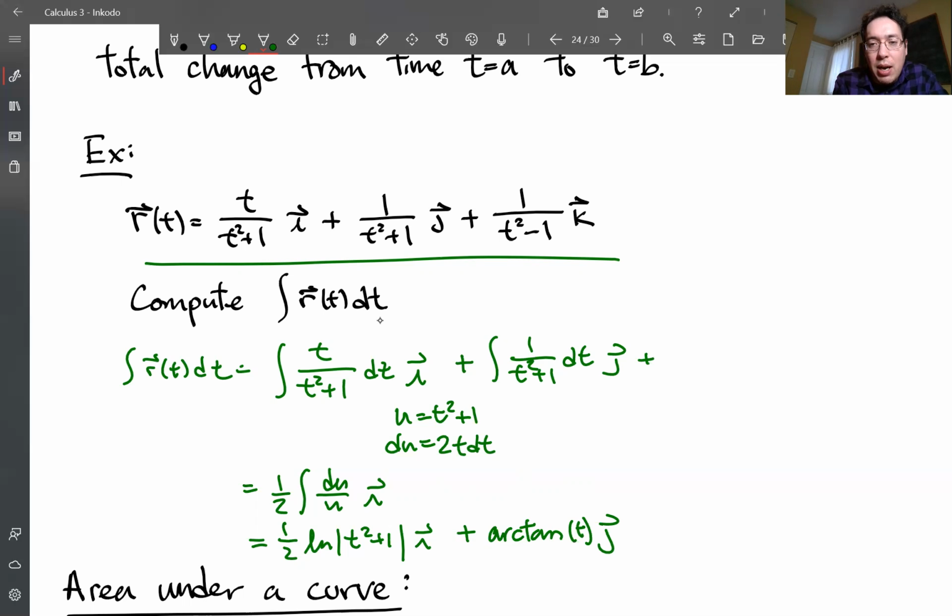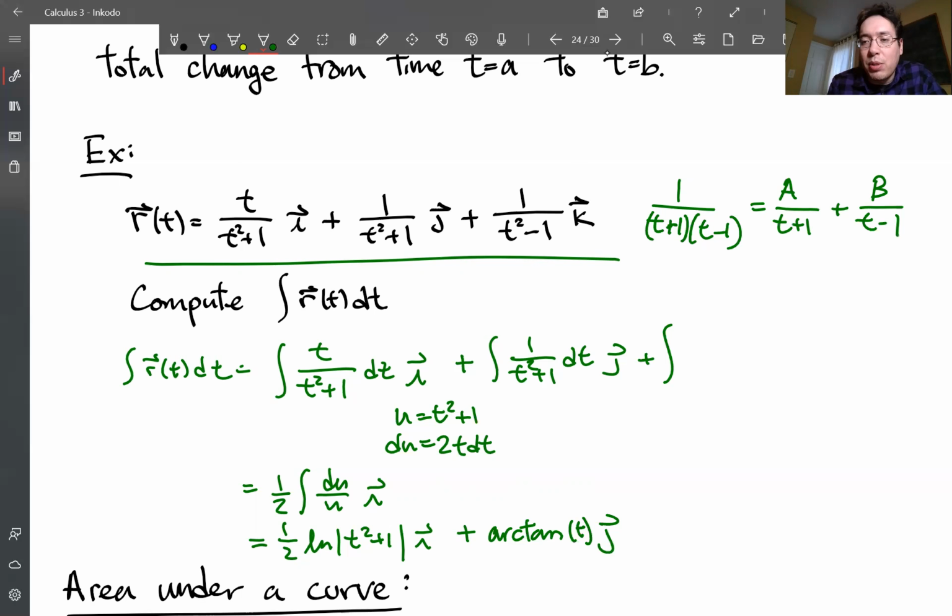Okay. For the final integral, it's easier to do it with partial fractions. So t squared minus 1 happens to be t plus 1 times t minus 1. So partial fraction is probably the easiest way to do it.